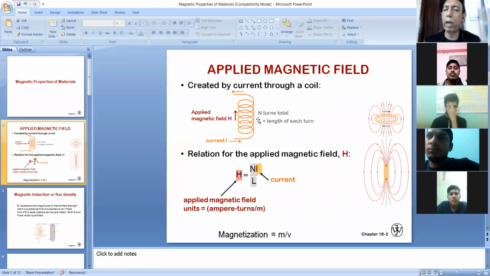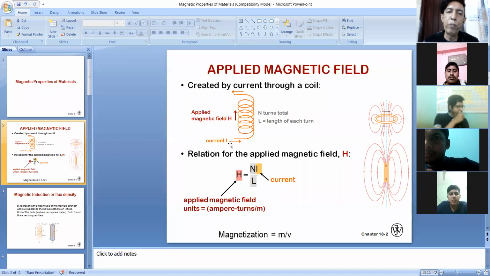If you pass current through a coil or a solenoid, what do you mean by solenoid? Solenoid means a cylindrical type of coil. This type of coil is a solenoid. If you pass current through this type of coil, then you will get a magnetic field.